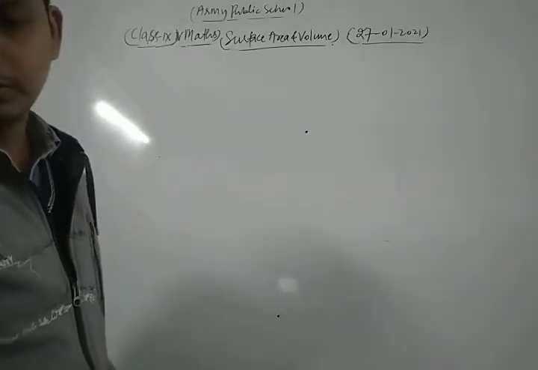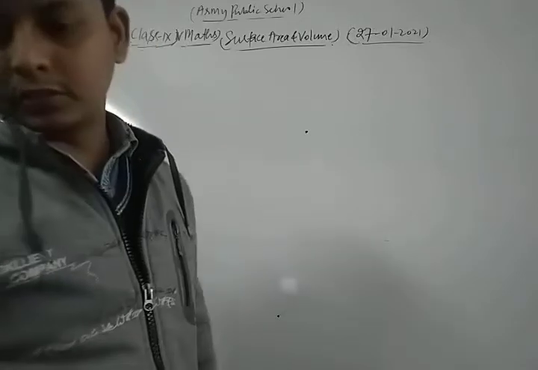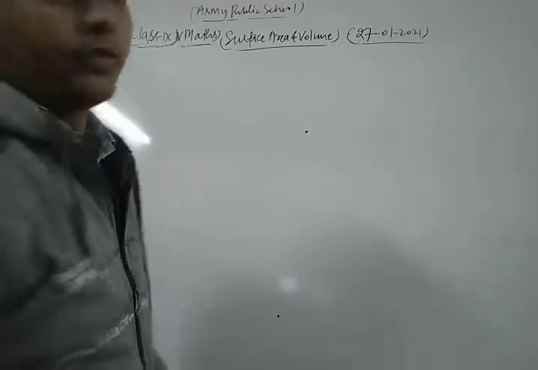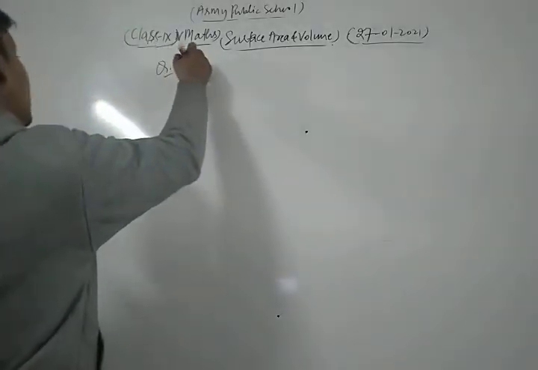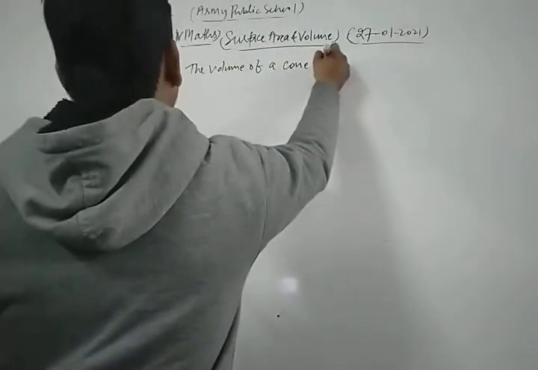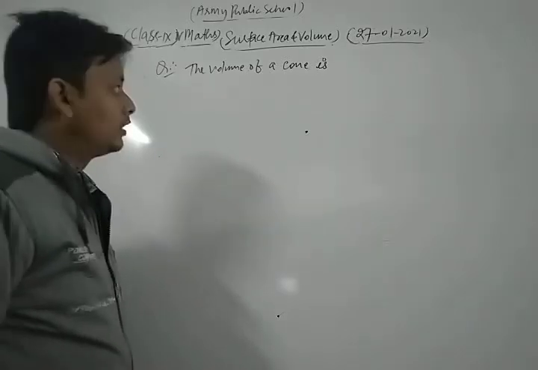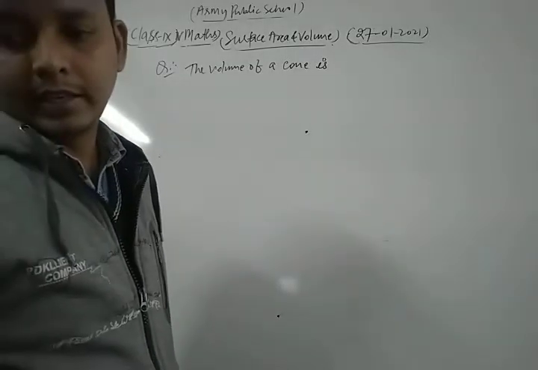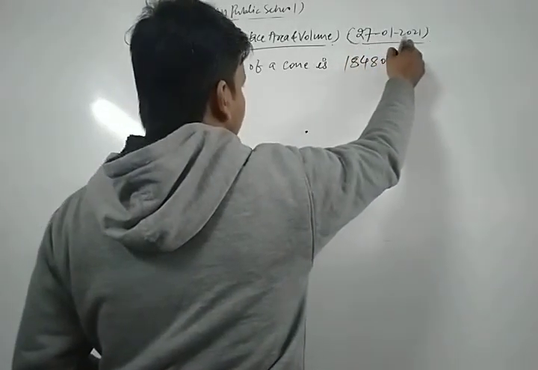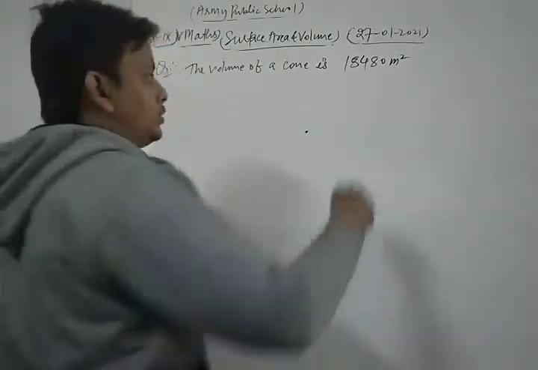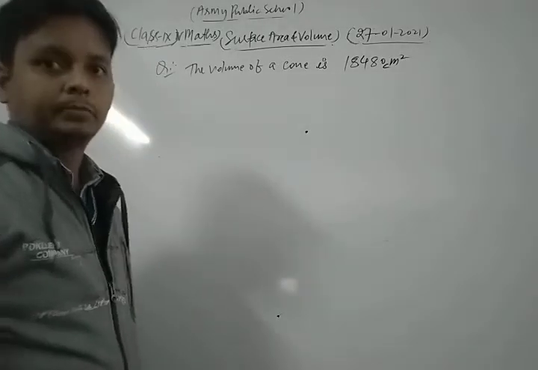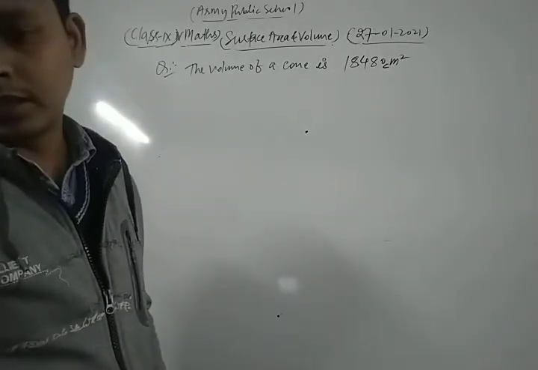Let's see, we take a question based on cone, and your question is: the volume of a cone is 18,480 centimeter square, 18,480 centimeter square. Okay, full stop.